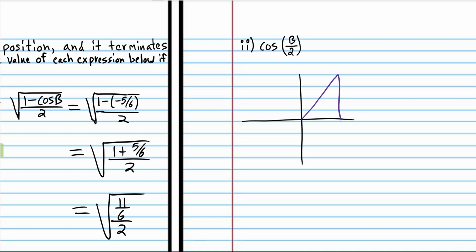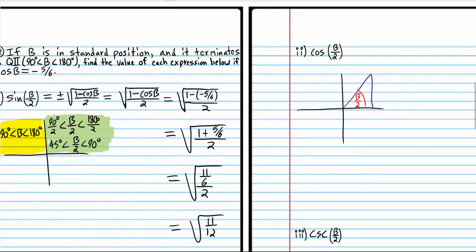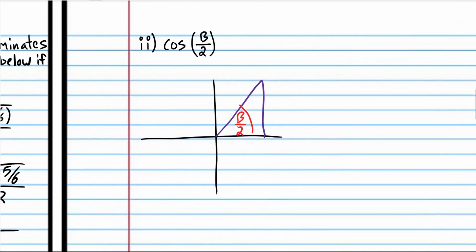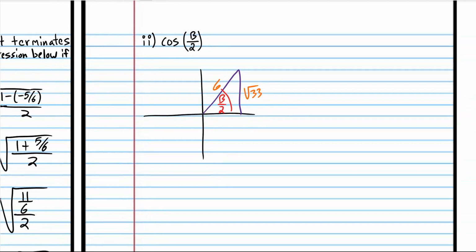So this angle is B/2, and we know that sine B/2 is √33/6. Now we need to use the Pythagorean theorem to find the missing side.